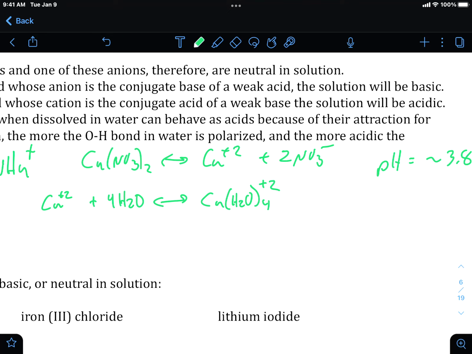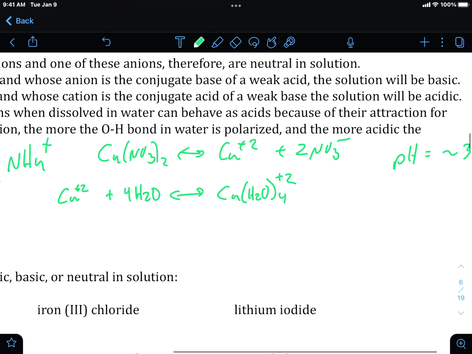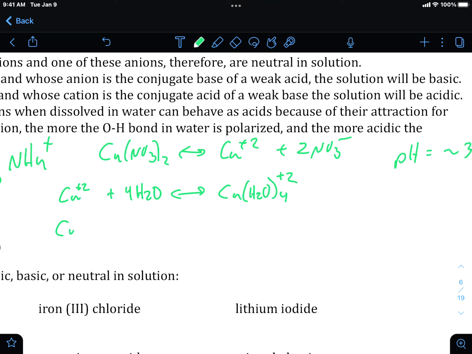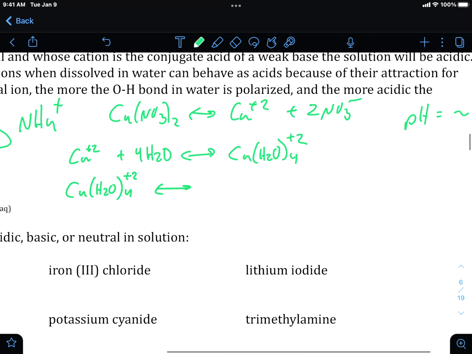But here's the thing. That ion right there, that picture doesn't explain why this is acidic. So what happens is this. Once that complex is formed, one of the water molecules has a proton dissociated. And therefore, we no longer have 4 intact water molecules. We only have 3 intact water molecules and the remains of the 4th.